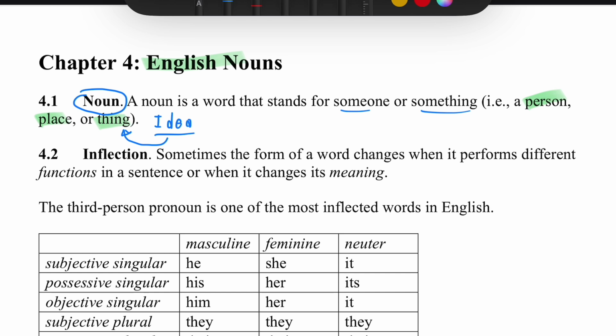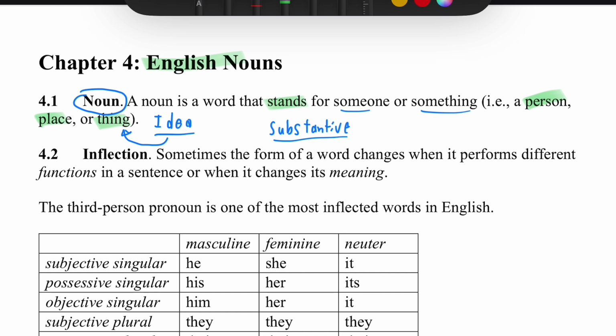And it's important that a noun is a word that stands for something. It is a substantive. There's something or someone, some idea that is substantial behind the word that is a noun.